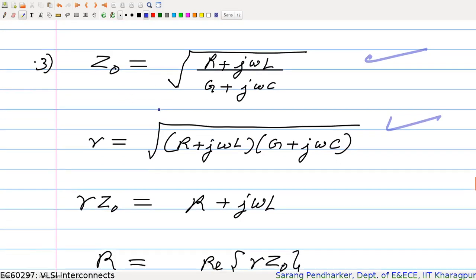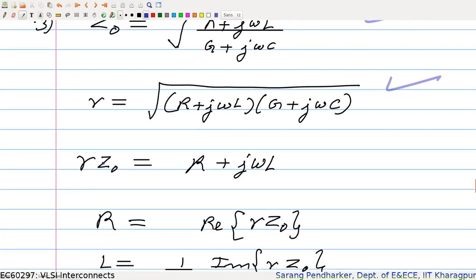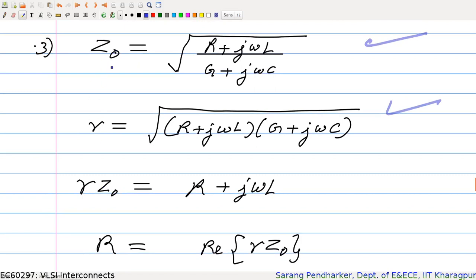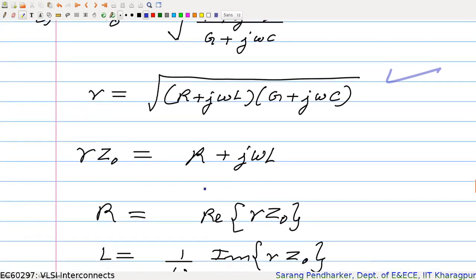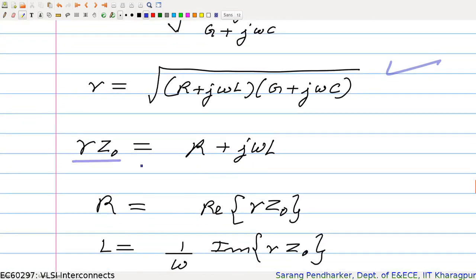So from this, if you want to estimate R, L and C, all you do is multiply these two equations. I will get γ times Z0 equal to R plus jωL. This is a complex number, and this is also complex.